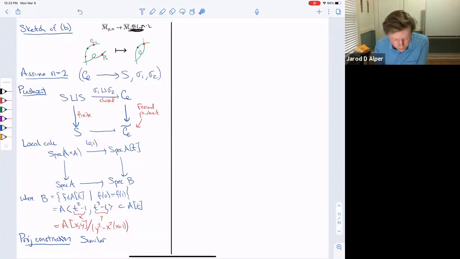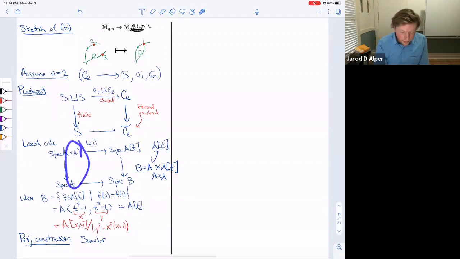And I've sort of gone through the calculation here. I need to compute the fiber product of A and A adjoin T over A cross A. B here is A cross A, whoops, A cross over A cross A with A adjoin T. And you realize it sits as a subalgebra of A adjoin T because A itself is a subalgebra of A cross A. And then in this computation, you realize which elements of A[T] live in the pushout.